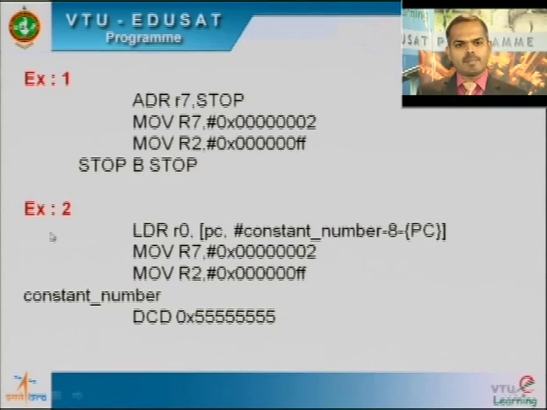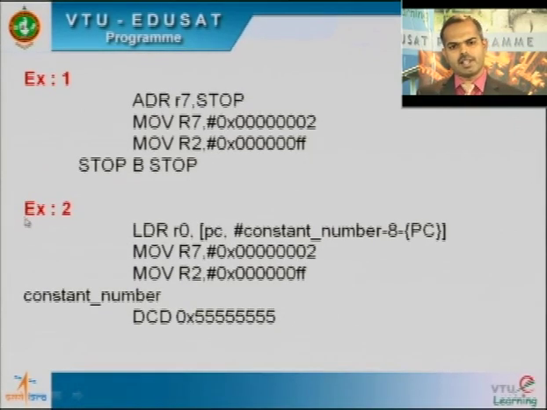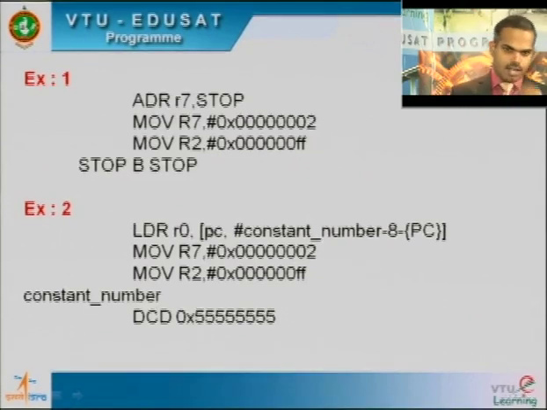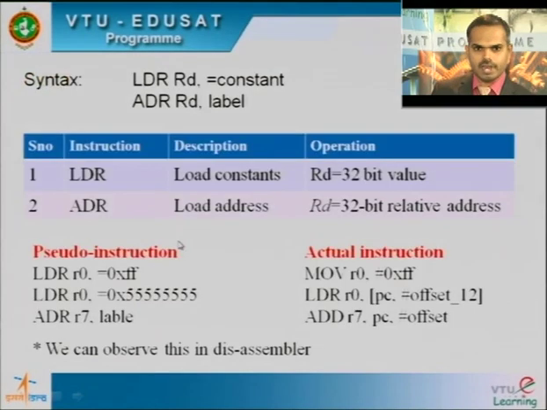Now look at example 2. Example 1 is for the ADR instruction, example 2 is for the LDR instruction. Here, we have written this with already a kind of disassembly. What will be the instruction for this? LDR R0. See the previous slide. LDR R0, where some higher value is pushed. What is that higher value?